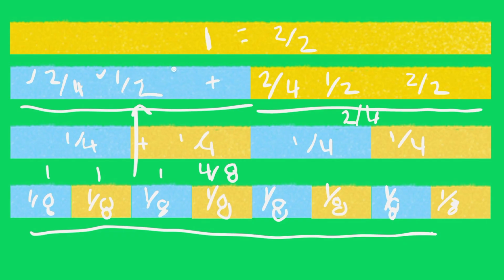So this could be written as 4/8. 1/4 could be written as 2/8 because you have 1, 2. Notice that they have different numerators and denominators, but they all represent the same value.